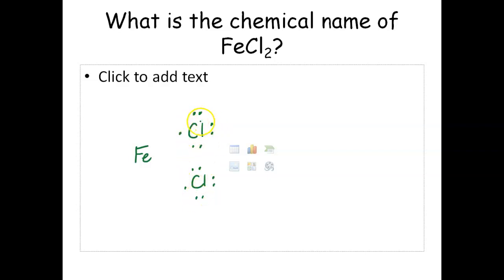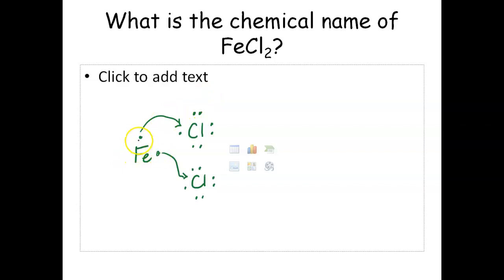That means combined, these chlorines need a total of 2 valence electrons, and just 1 iron provided them with both of those. So that means that this iron must have had 2 valence electrons, one that went to the first chlorine and the other one that went to the second chlorine.